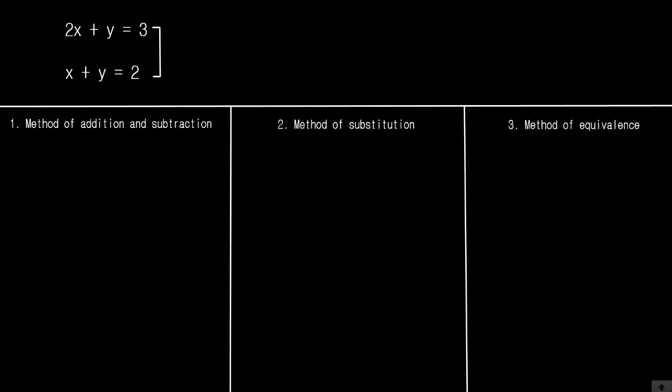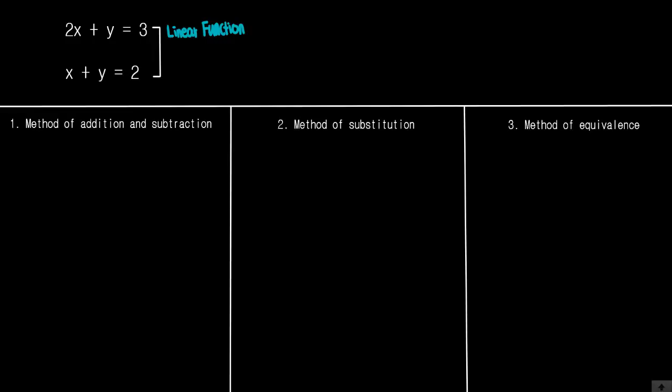Now these two equations are linear functions, which means when you convert them into a graph, they will be straight lines. And we're trying to solve for the x and then y value, which means the coordinates that satisfy these two functions, and that will be the intersecting point. So first of all, let's apply our first method of addition and subtraction.